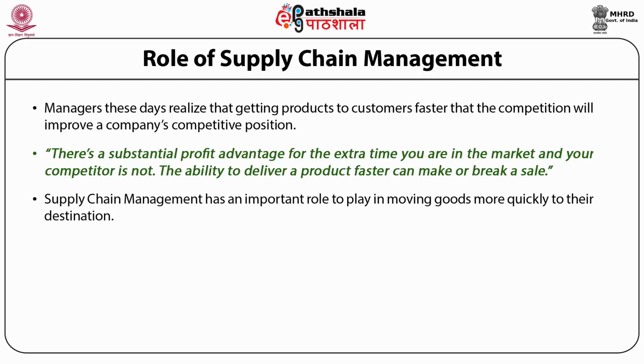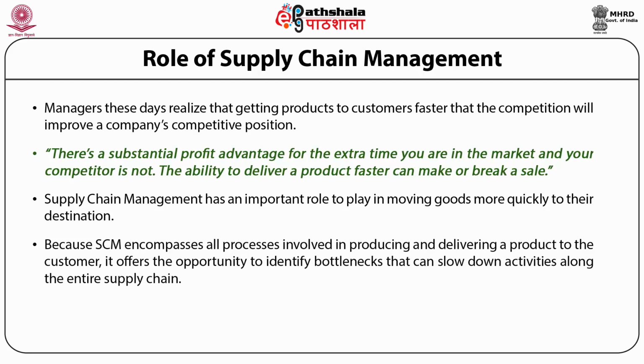Supply chain management has an important role to play in moving goods more quickly to their destination, because it encompasses all processes involved in producing and delivering a product to the customer. It offers the opportunity to identify bottlenecks that can slow down activities along the entire supply chain.